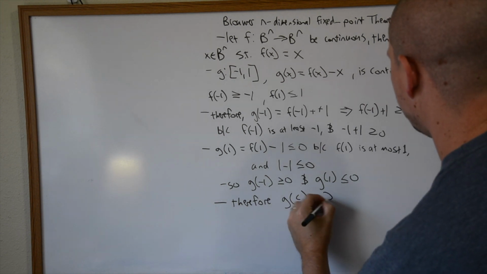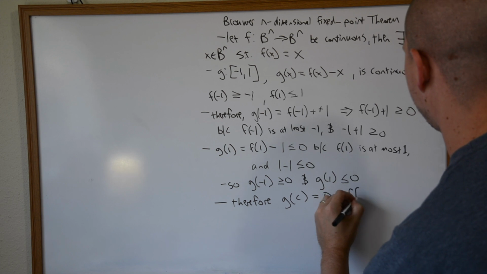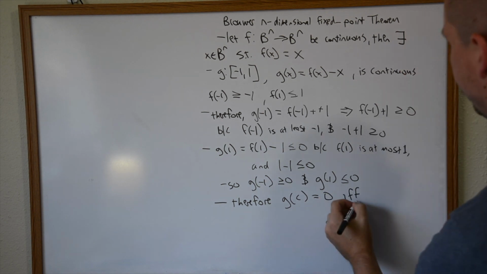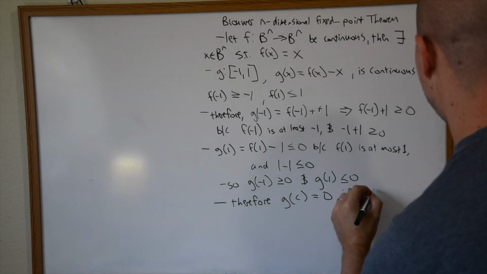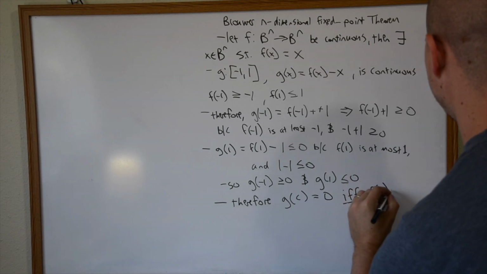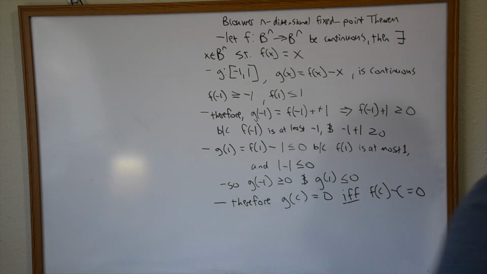So we know that g of c will equal 0 if and only if f of c minus c equals 0.